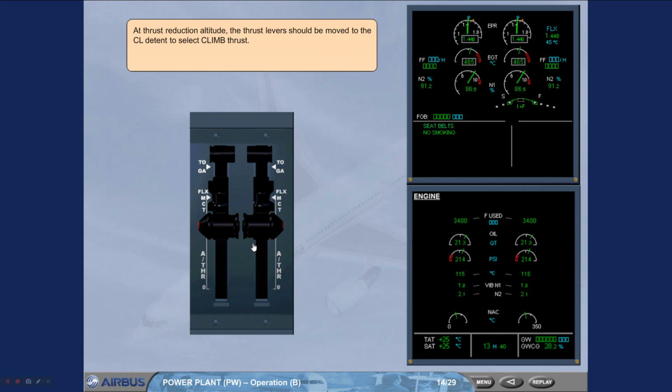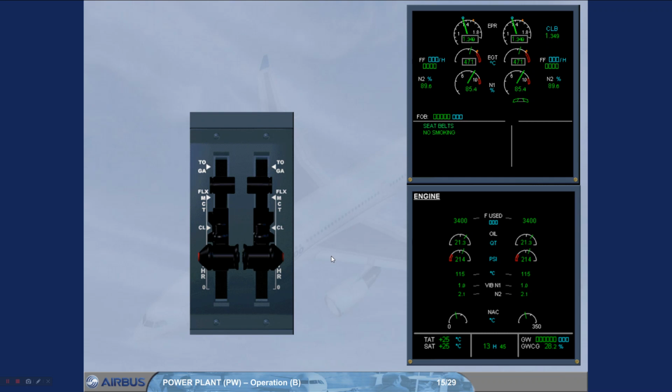No. To select climb thrust, move the thrust levers. When the levers are in climb position, auto thrust is engaged automatically. The thrust limit mode turns to climb, and the EPR rating limit changes.